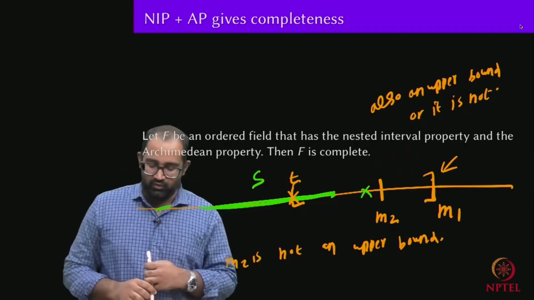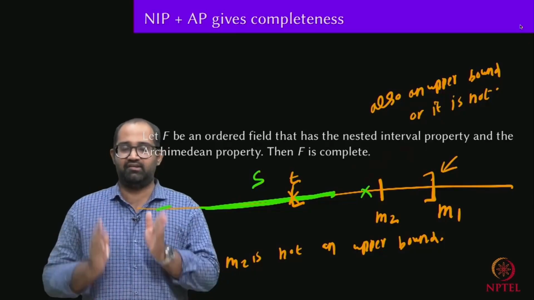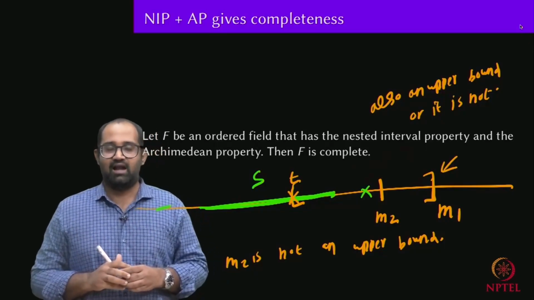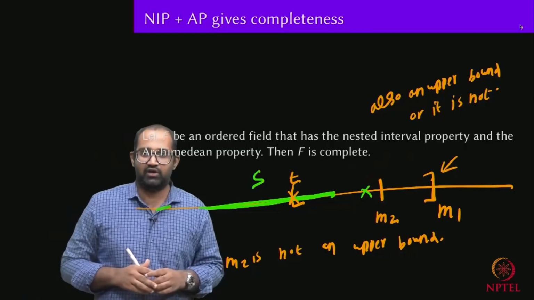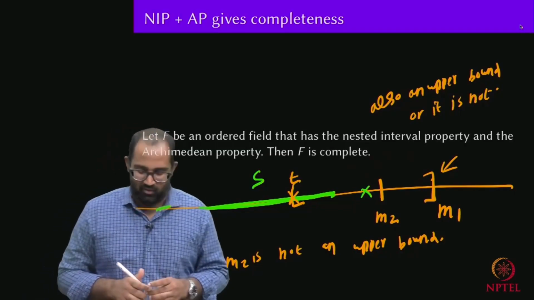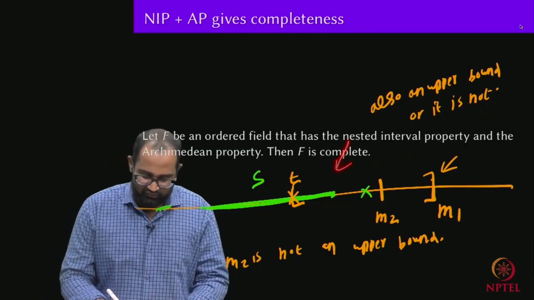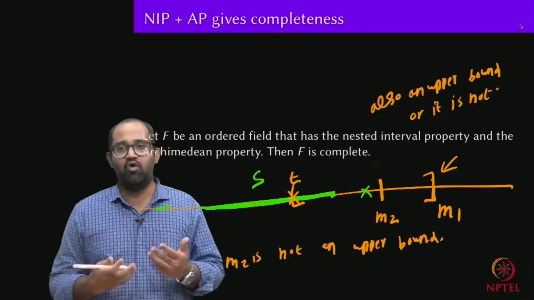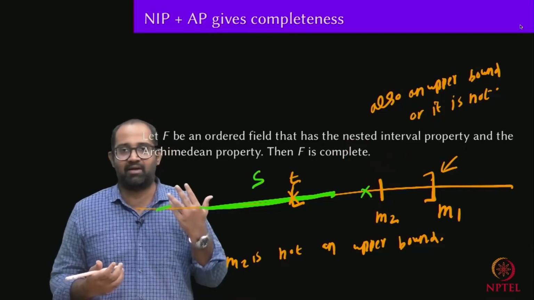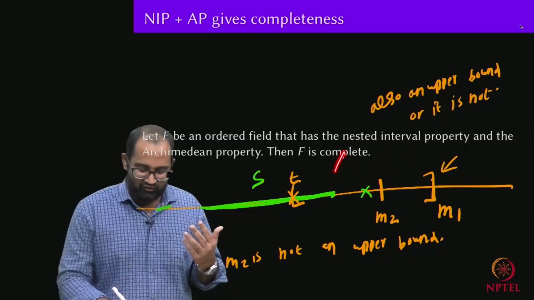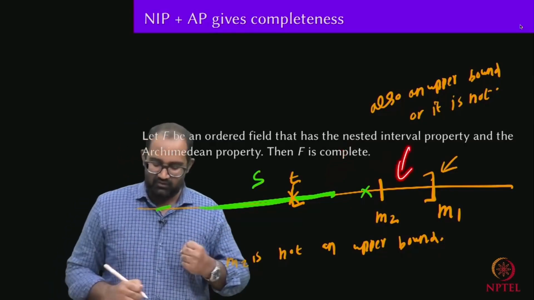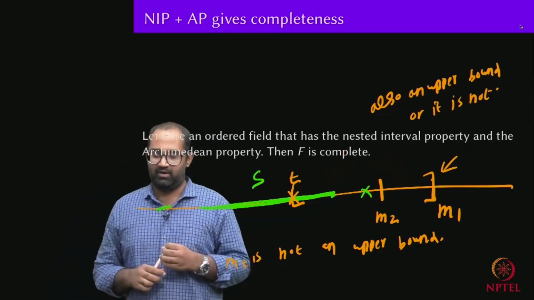So what you do is at each stage you are going to successively bisect the intervals and choose the one which is going to narrow in on the least upper bound. If you had chosen this, if M2 is not an upper bound, no matter how much you zero in, you are going to zero in on some random point. The least upper bound is not here, it is going to be here. Okay. So do M2, M1.